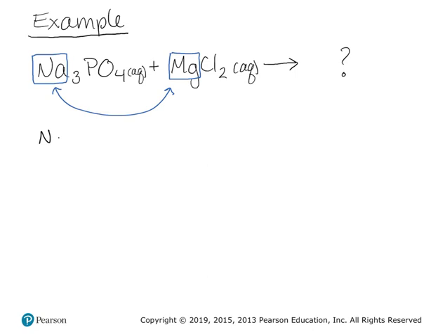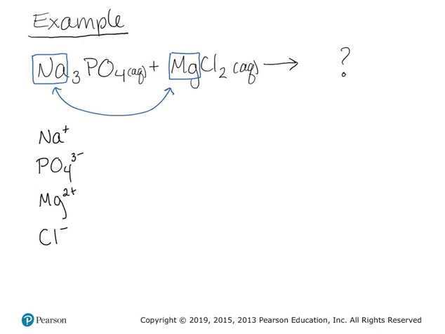Sodium, we said earlier, is in group 1A and it has a positive charge. Phosphate, PO4, we saw last time, has a 3- charge. And you can always look that up in your table if you need to. Magnesium is in group 2A, so it has a 2+ charge. And chlorine is in group 7A, so it always has a -1 charge.